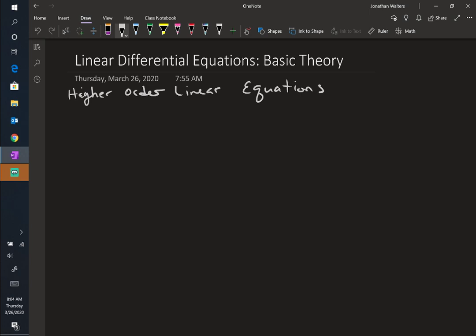The first thing we're going to talk about in this section, 4.1, is initial value problems. We've mentioned this a little bit in chapter 2, but this is more of the general theory.